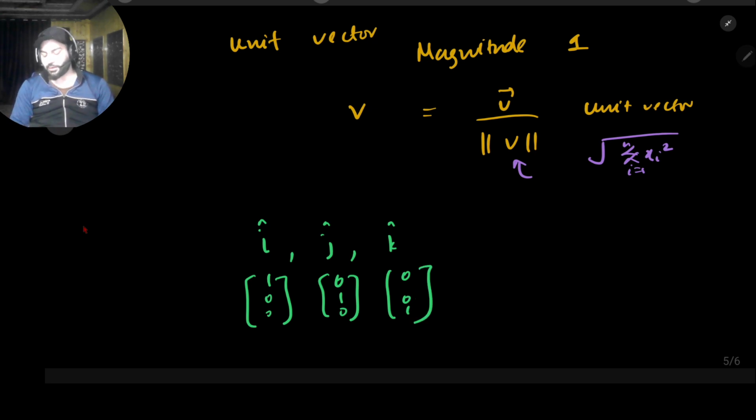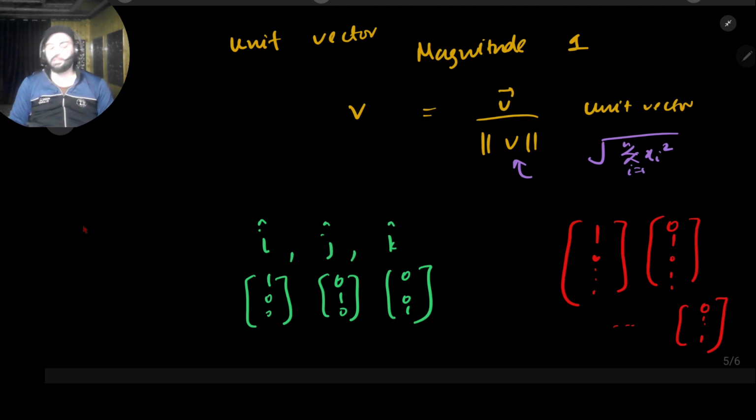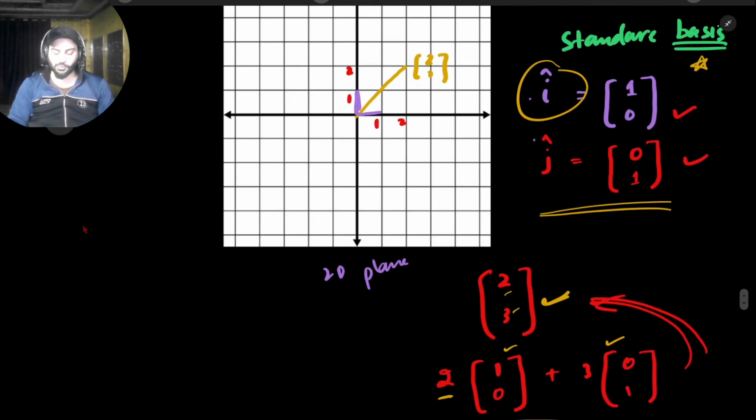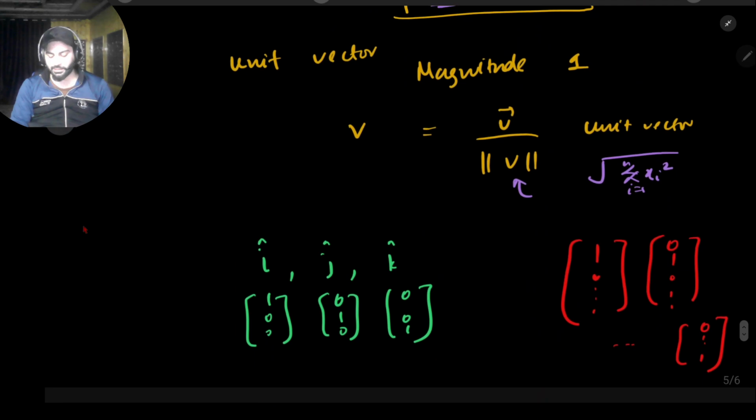If we have an n-dimensional space, the basis will be: 1 followed by all zeros, then at the second place 1 with zeros elsewhere, and so on, and the last will be all zeros and a 1 at the end. This is the 2D real vector space, or the 2D plane, this is the 3D vector space, and this is the n-dimensional vector space.